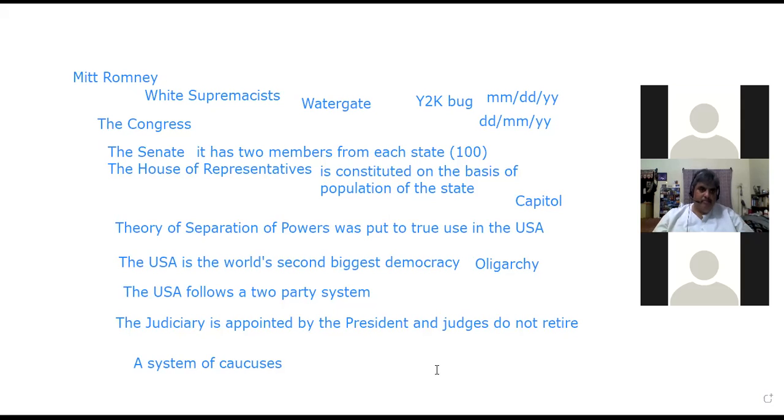So people simply can go and offer their candidature to the caucuses, either to the Republican caucus or to the Democratic caucus.